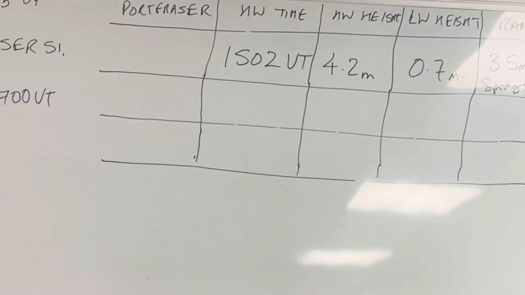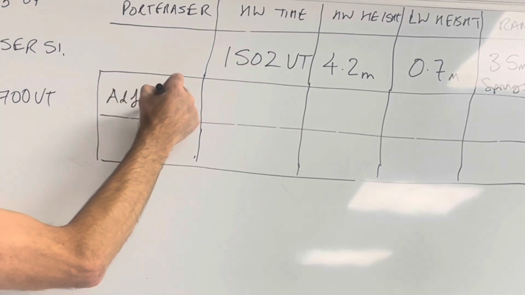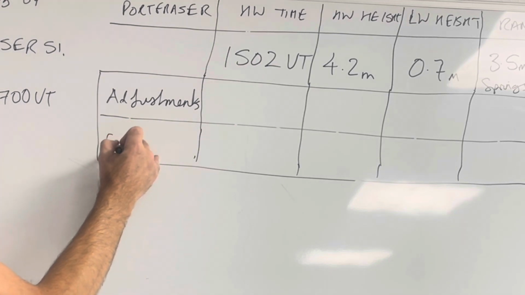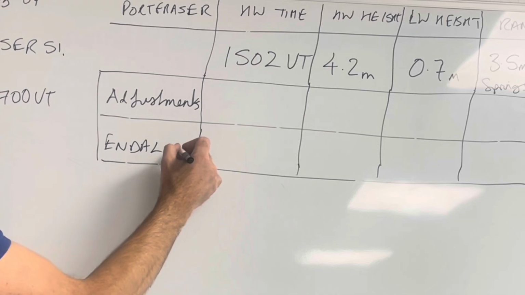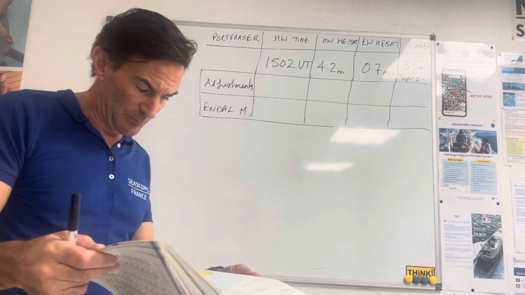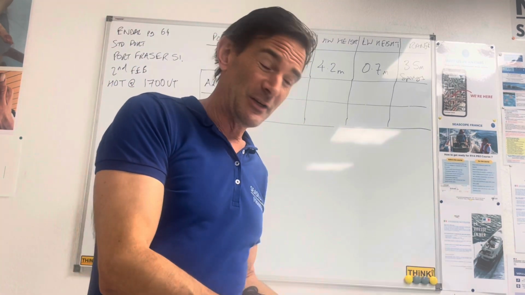So as we saw before, for a secondary port, we need to make adjustments from the standard port to work out our high water heights and times in the secondary port. And those adjustments are found by looking at the table for Endal Marina on page 64. It's handy making a note of those page numbers.